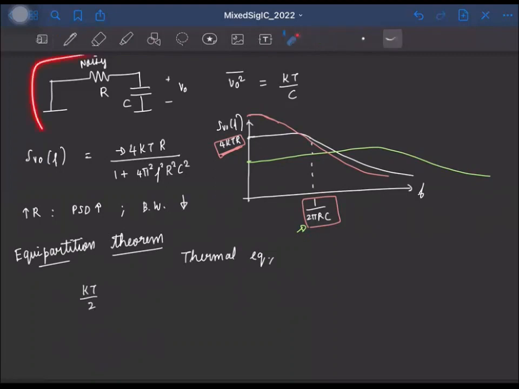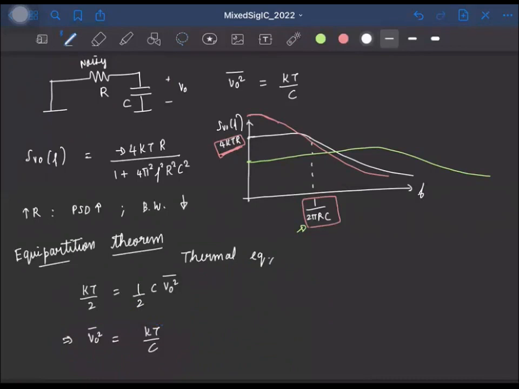And in this RC circuit, there is only one degree of freedom that can store energy, that is the capacitor. And what is the energy stored in the capacitor? It is half C times V0 squared, right? So which means what is the mean squared value? It's kT by C, right?